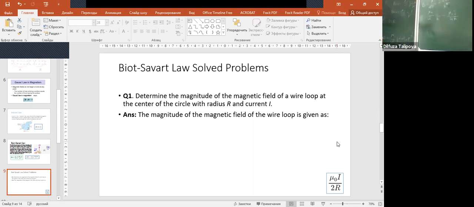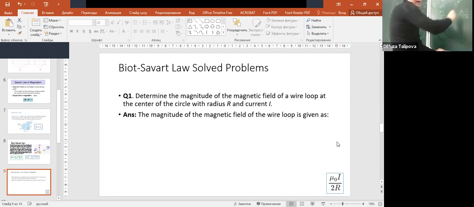If we have the circle here, the magnetic field is equal to mu0 multiplied by I divided by 2R. Okay, as you can see here.